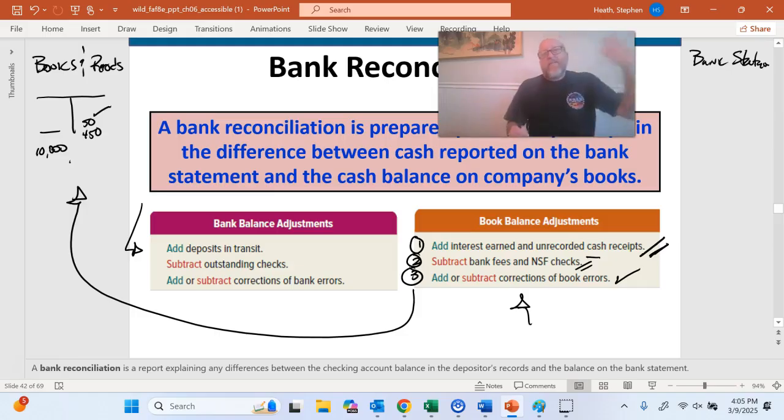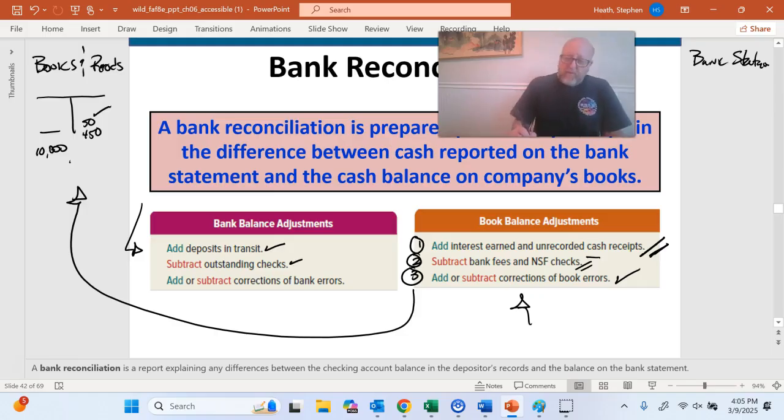We need to go see if that $1 million exists. So you're not going to get the $1 million until we go verify that the individual who wrote you that check has $1 million in their account. Right? That is a deposit in transit. It's like you making the deposit at the bank, but the bank's saying, okay, we're not giving you access to that until we make sure that you actually have that cash or you're going to get that cash.